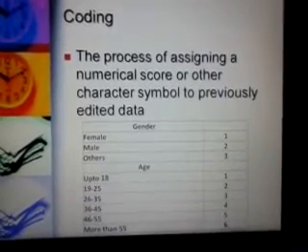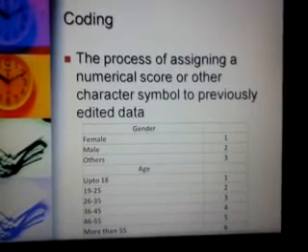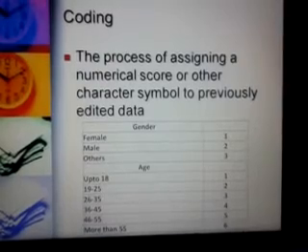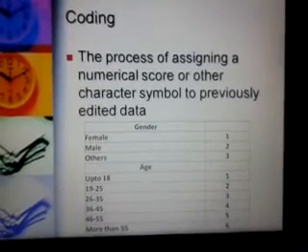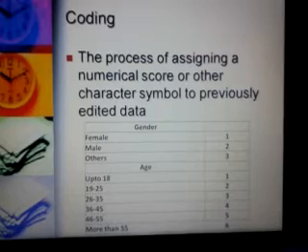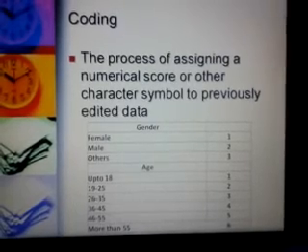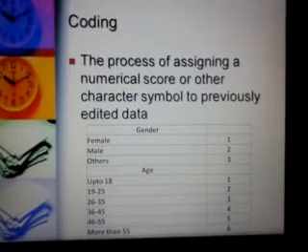For every question, for all the options, we need to give some numerical values to those options, and while entering data, we would enter those codes, those numerical values, rather than writing the whole answer.